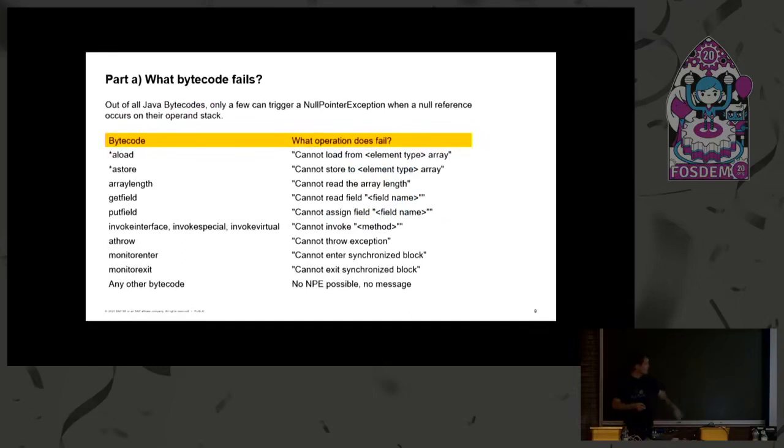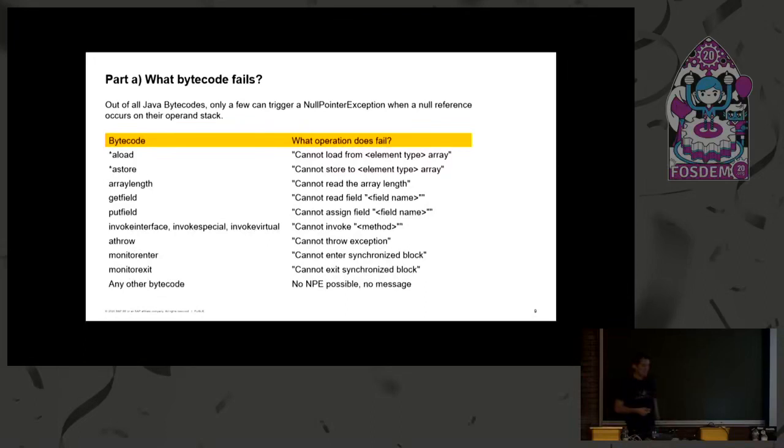So part A, what bytecode fails? Not every bytecode can cause a null pointer exception. We have here the array operations. If the array you want to access is null, then you can say something like cannot load from int array, for instance, with the element type, or cannot read the array length. The getfield and putfield instructions: cannot read a field, cannot assign a field.